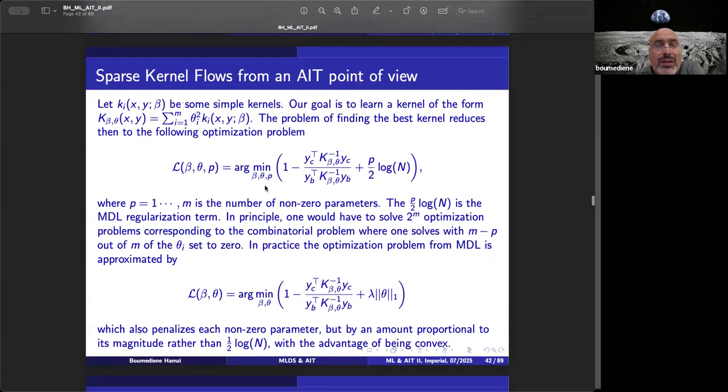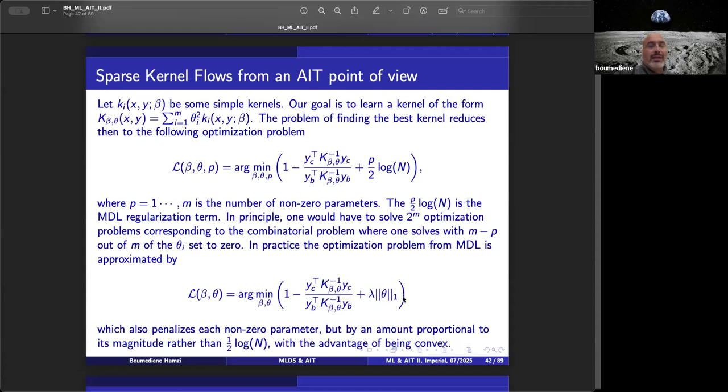Here what we showed is that the problem of learning the kernel from data, when we are dealing with sparse kernel flows and start with a sum of elemental kernels, reduces to the following problem. You can ignore that first part, it can be replaced with anything. The most important part is the second part, which is the p over 2 log n, coming from the MDL regularization term.